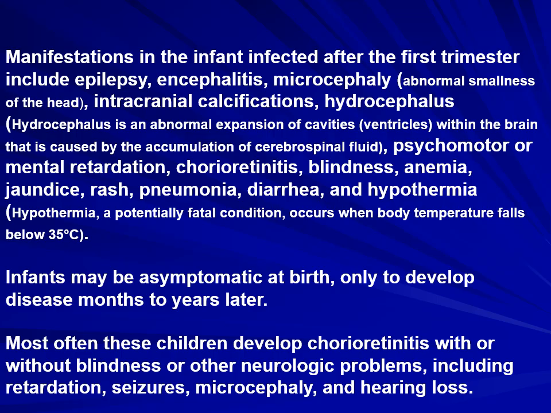So these infants can be born normal, however they might develop chorioretinitis later on throughout their life. And these children most usually develop chorioretinitis with or without blindness. They might develop other neurological problems, including mental retardation, seizures, microcephaly, and hearing loss.